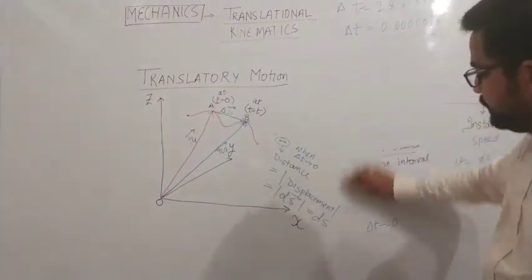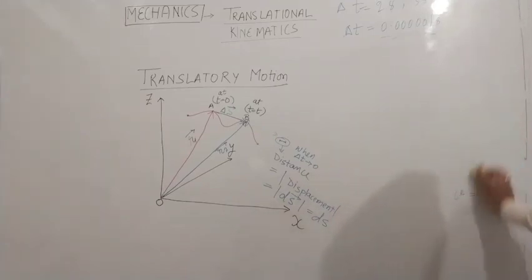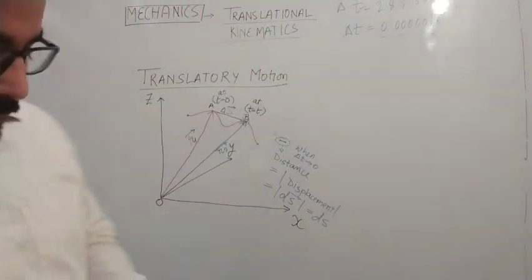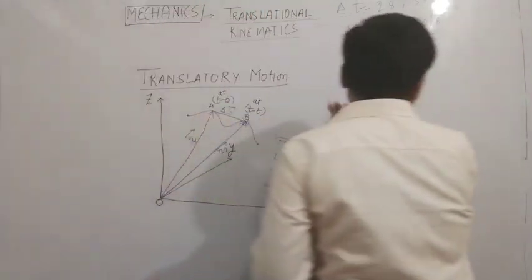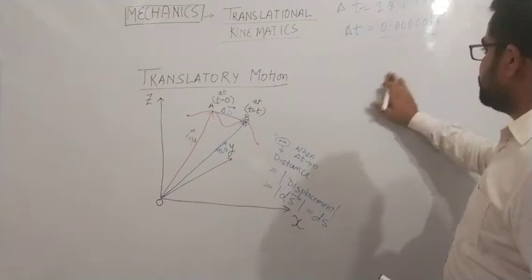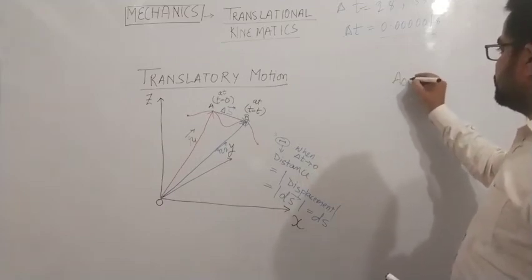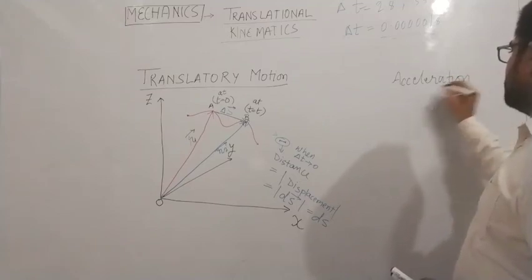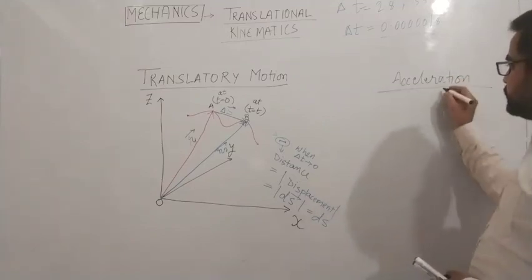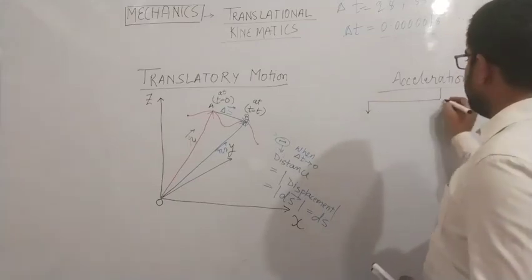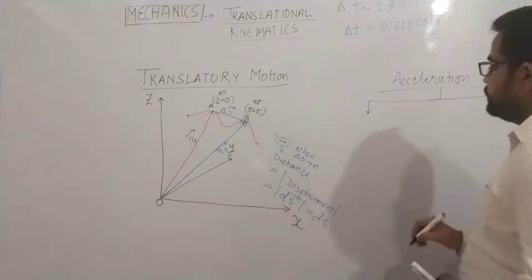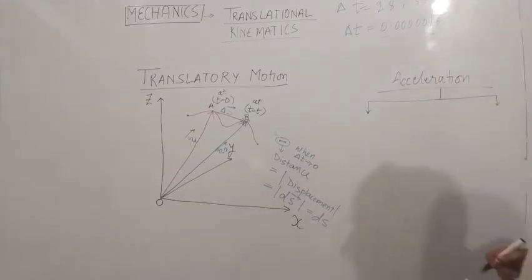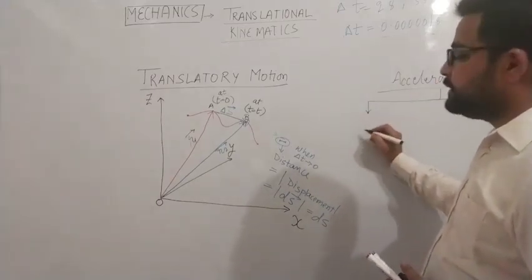So next in line is the next parameter which we use to describe a motion, which is obviously acceleration, right? Acceleration again has two values. Acceleration is nothing but the rate of change of velocity.